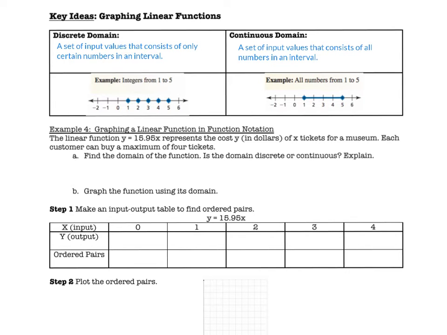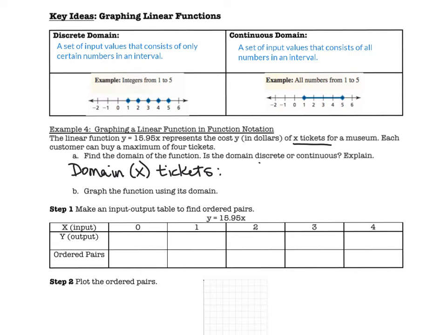Is the domain discrete or continuous? So first, let's identify what the domain is. The domain is our x values, and x represents the number of tickets. So I would write down all this information.